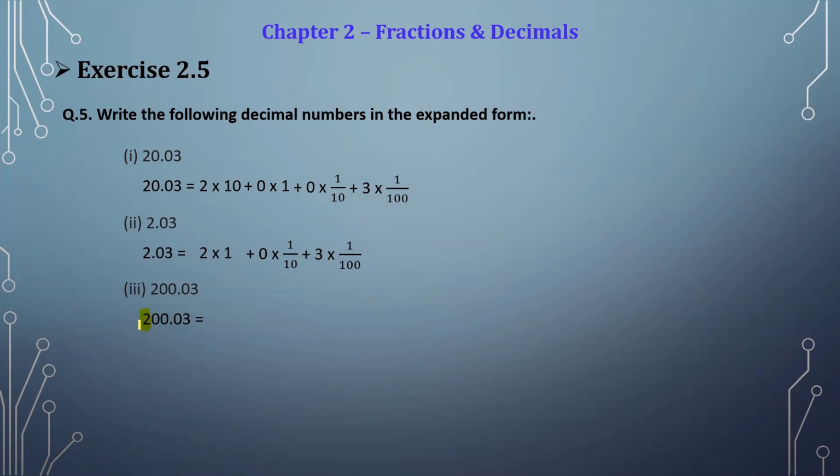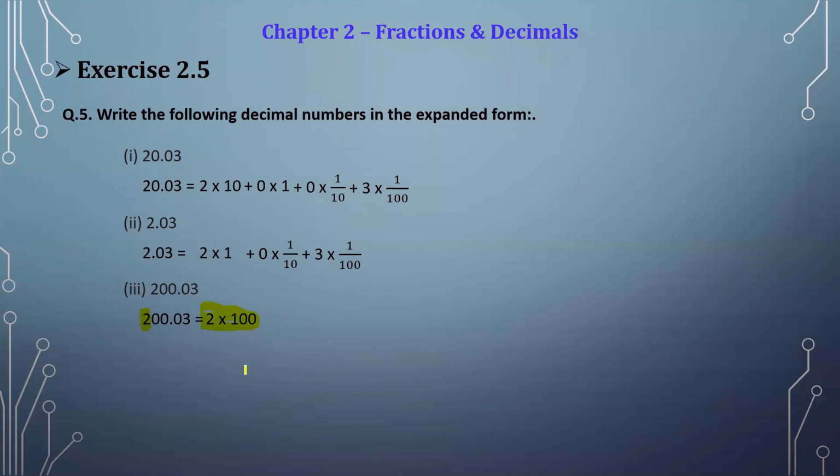Therefore, we are going to multiply that 2 by its position, that means 100, because it is present at hundreds place. So the first expansion we got is 2 into 100.